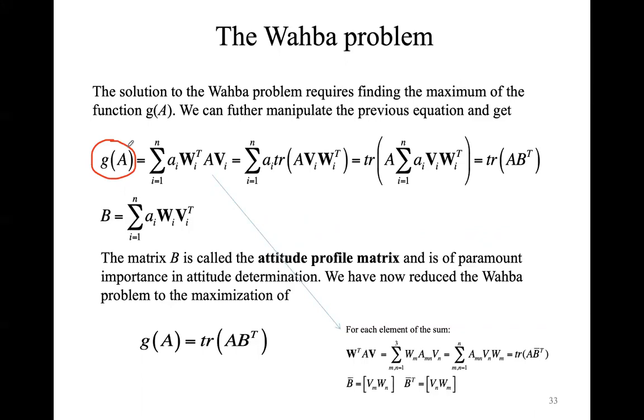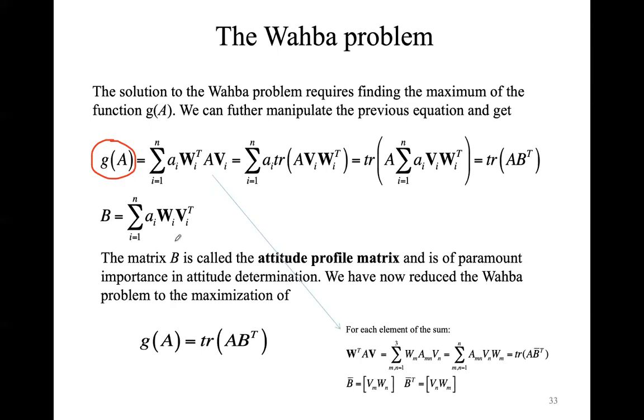This problem, faced through the quest algorithm, will result in the eigenvector eigenvalue problem. So we're going to find the quaternion that will solve an eigenvector problem.